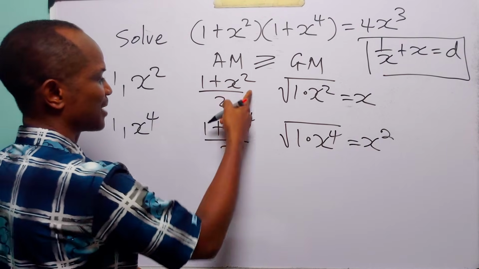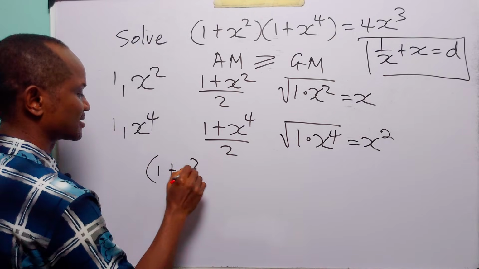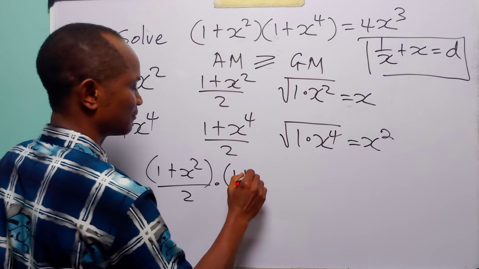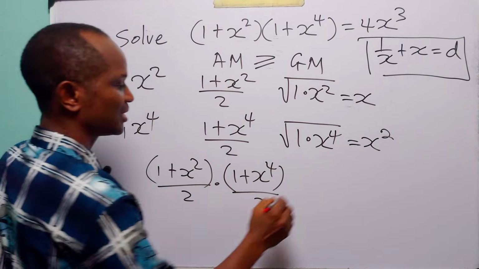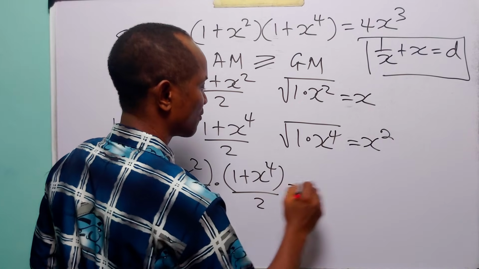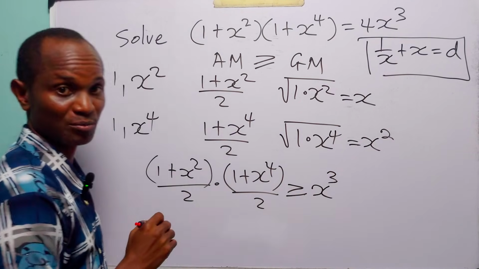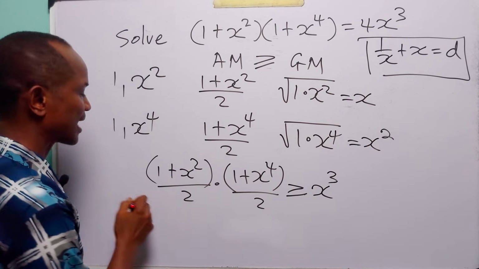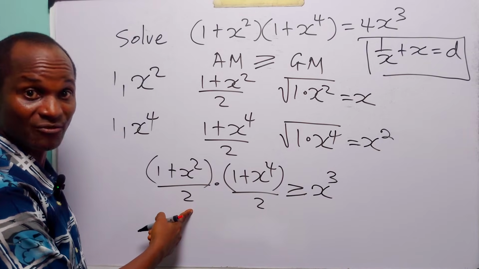Now, when we multiply these two, you can see that we have that 1 plus x squared over 2 times 1 plus x to the power 4 over 2 must be greater than or equal to x times x squared, which is x cubed. And of course, to get rid of this fraction on the left-hand side, we can multiply through this inequality by 2 times 2, which is 4.